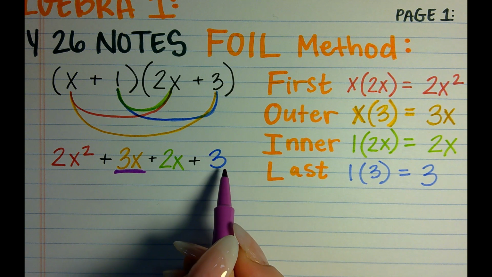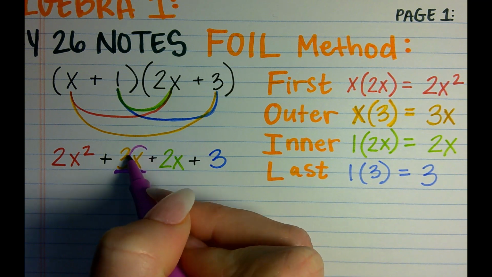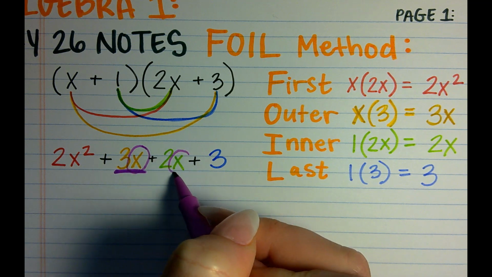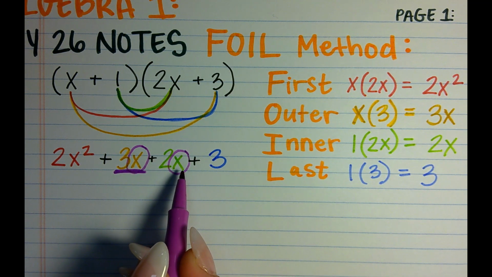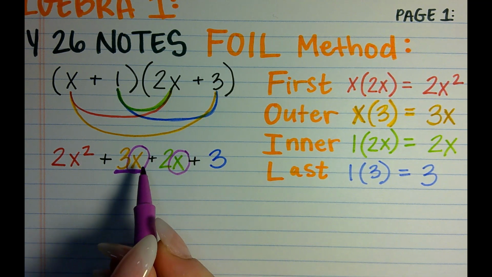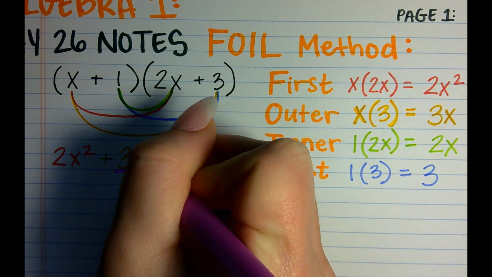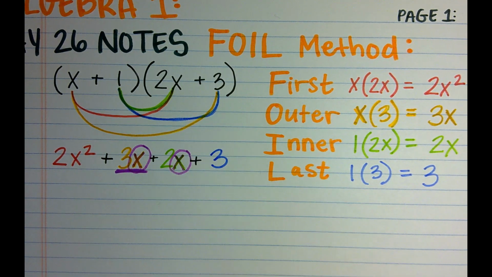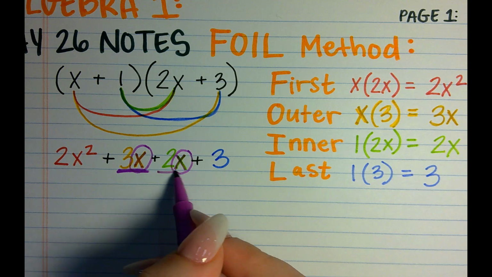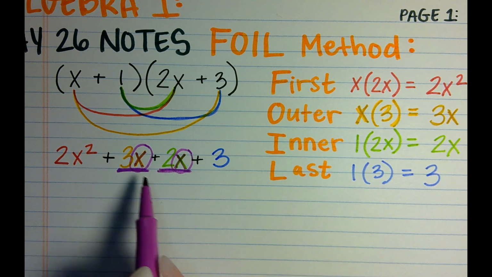There's no x on 3. We're looking for any terms that have the same variable and the same exponent. These are both x to the first power. So I can combine them.